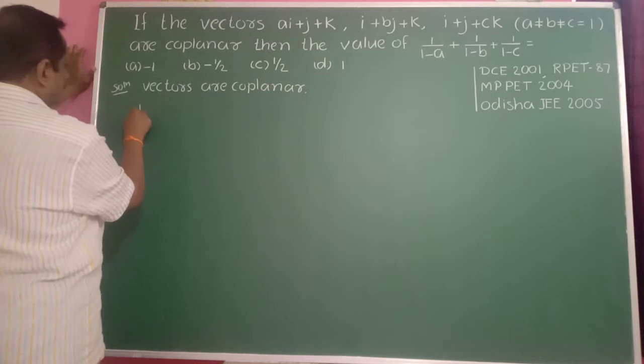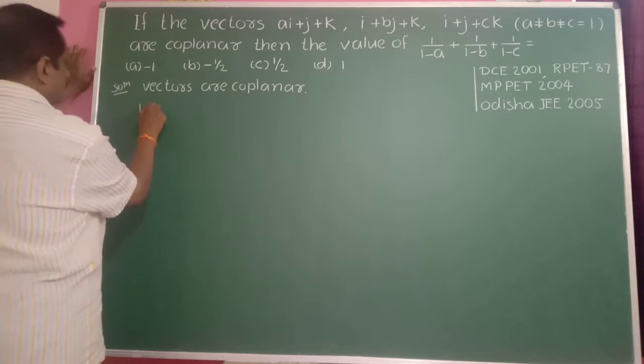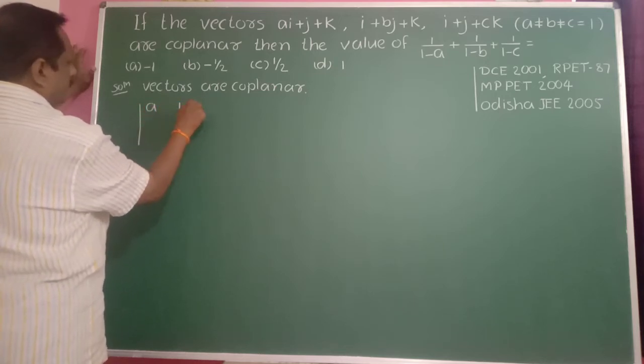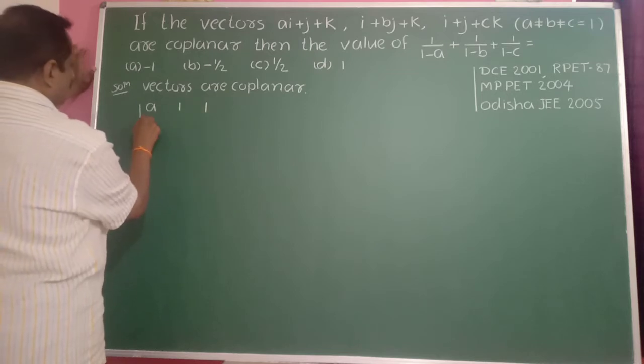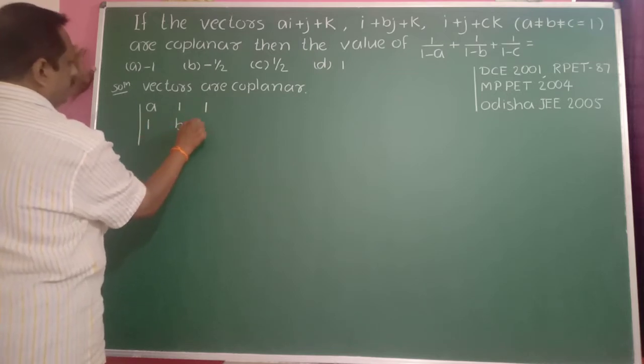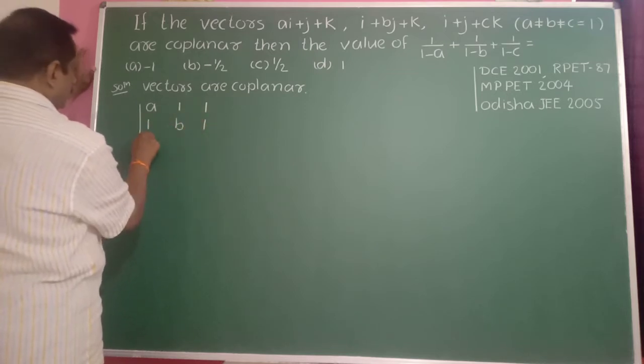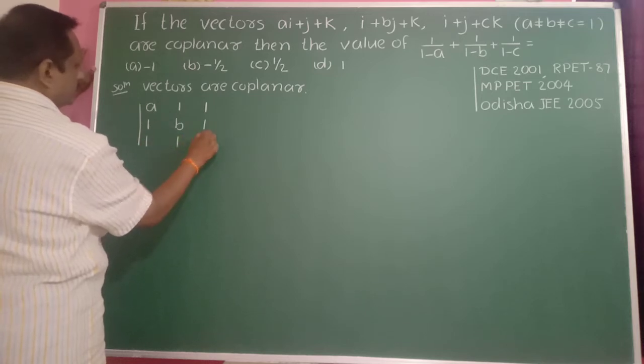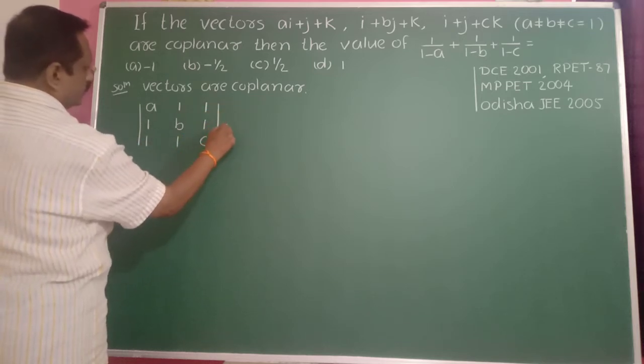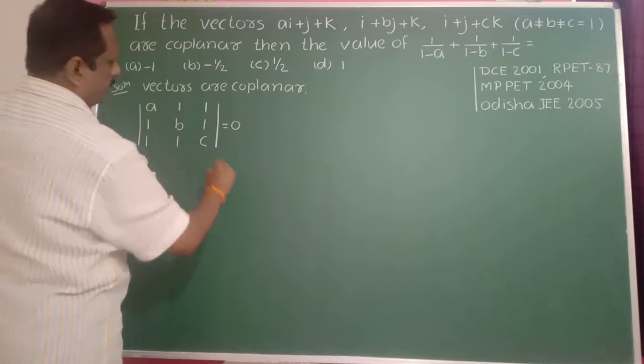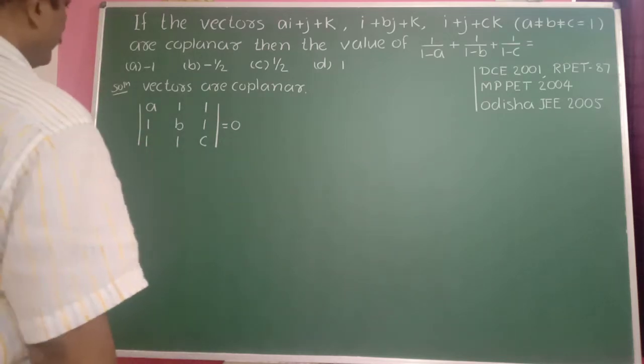Therefore, the determinant of [A 1 1; 1 B 1; 1 1 C] is equal to 0. The scalar triple product is 0.